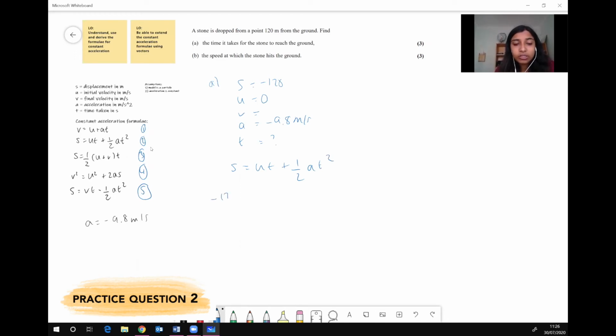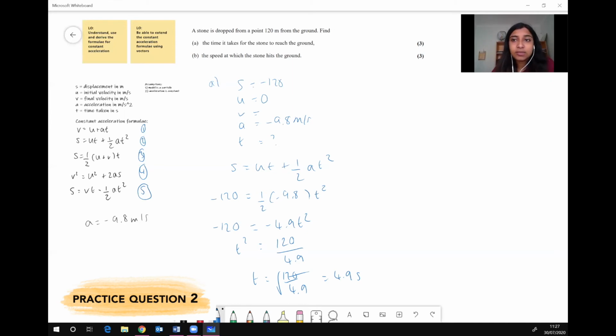You'd have minus 120 equals 0 plus half times minus 9.8 t squared. So we could just say minus 120 is equal to minus 4.9 t squared. So then t squared is just equal to 120 over 4.9. So then t is just the square root of that. That means our t is just 4.9 seconds.